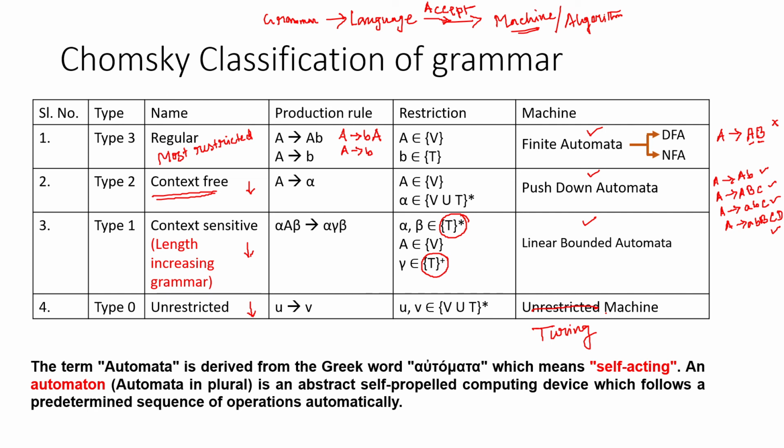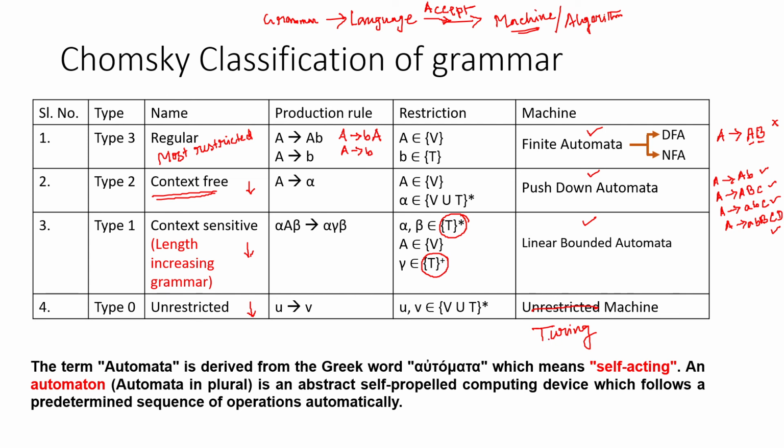Ultimately the automata or automaton means an abstract self-propelled computing device. That means you can consider that it has some intelligence within the machine that follows some predetermined sequence of operations which are done automatically.